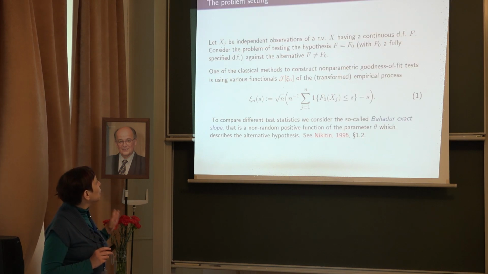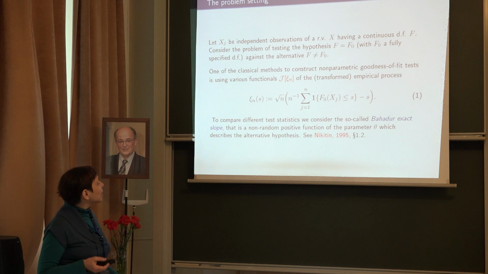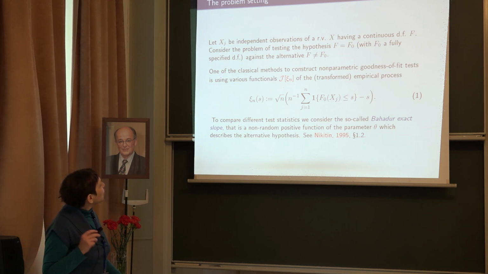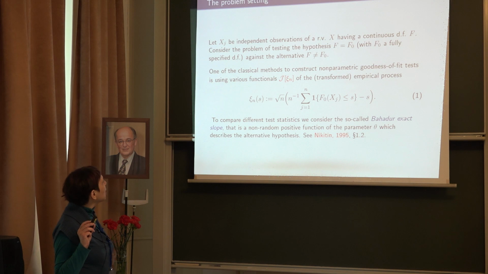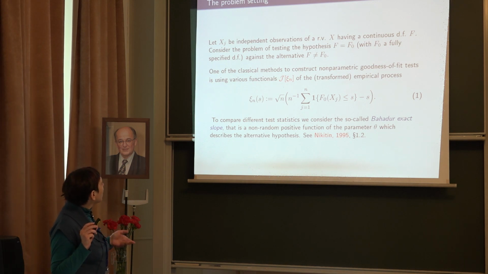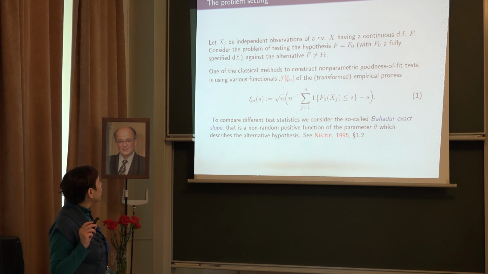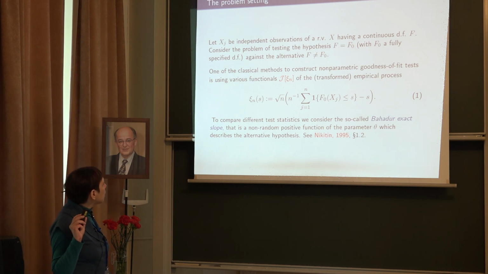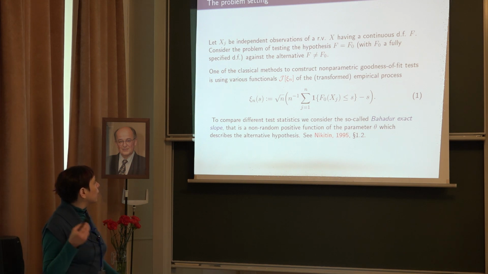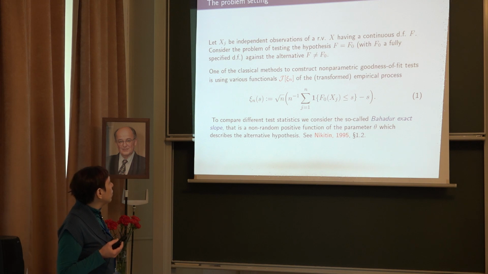Let's return to the problem setting. The usual beginning of such papers: for X_j, independent observations of a random variable having a continuous distribution function, we are testing a simple hypothesis F exactly equal to F null, fully specified, against the nonparametric alternative of the sort F is not equal to F null.